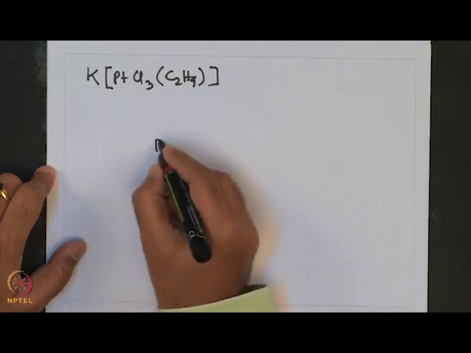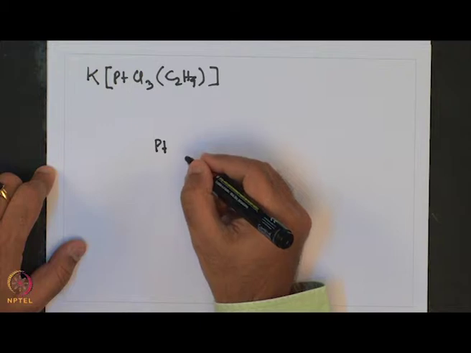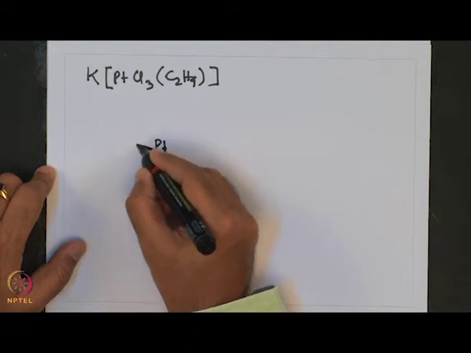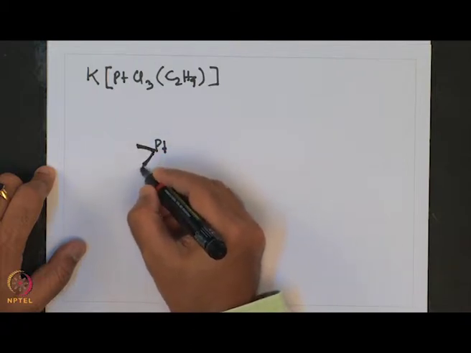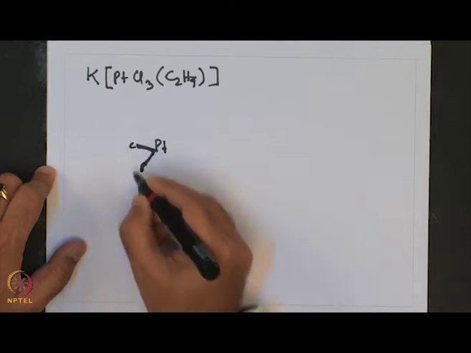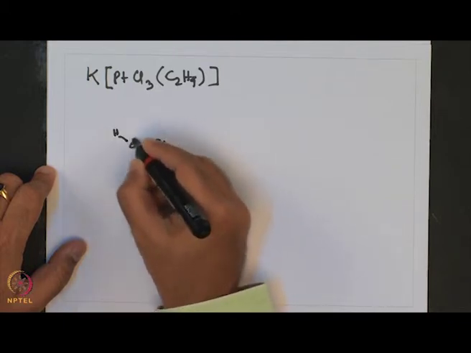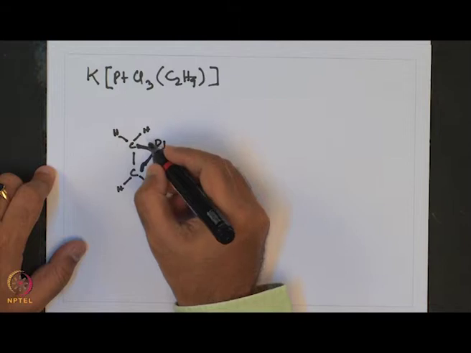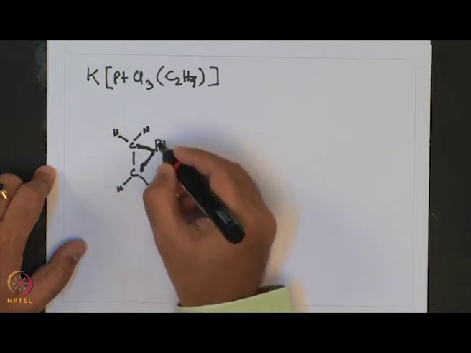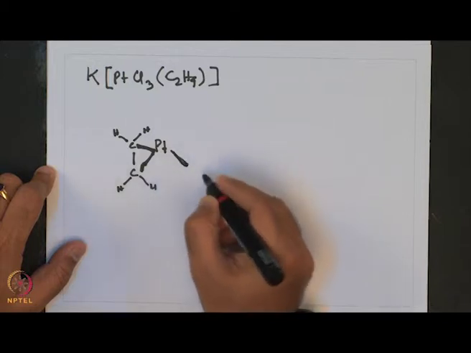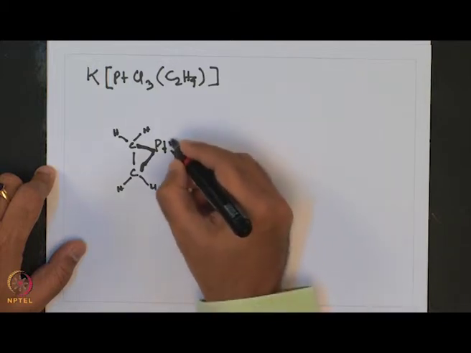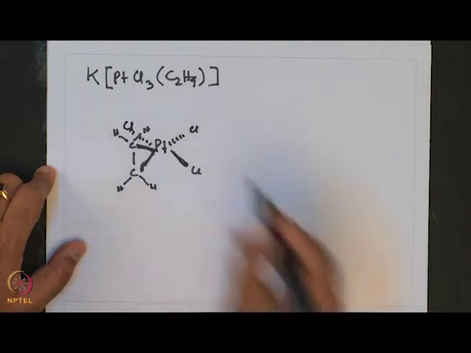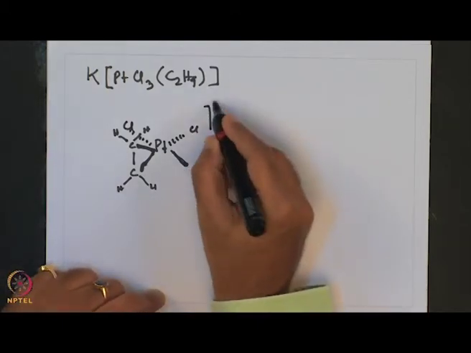So, the structure is Pt with three Cl, and this is an anion.